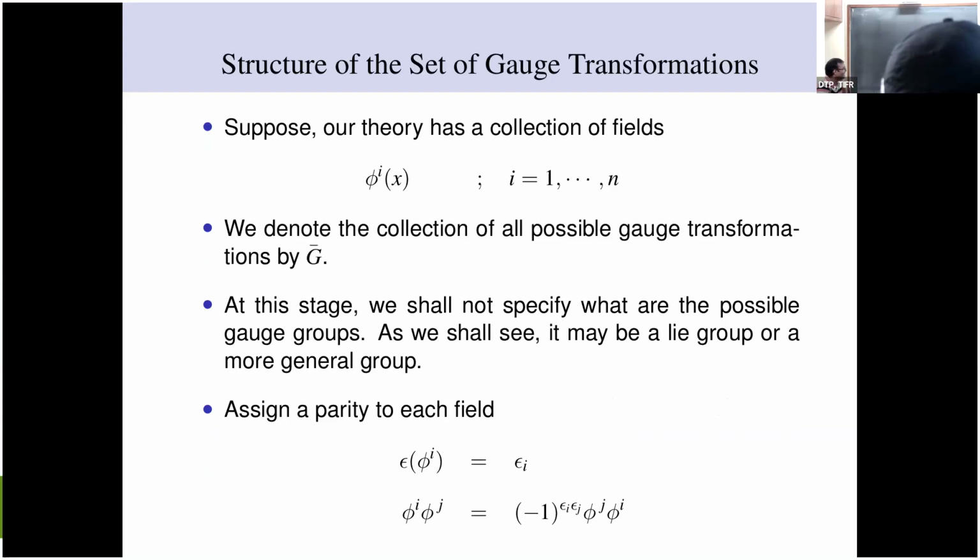I'm just writing here: R I alpha. I is the field index and alpha labels the gauge transformations, and this runs from 1 to n.